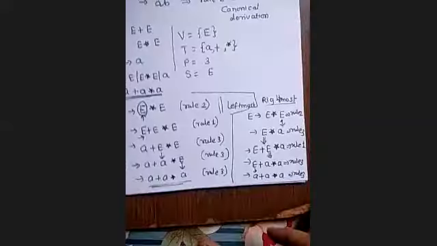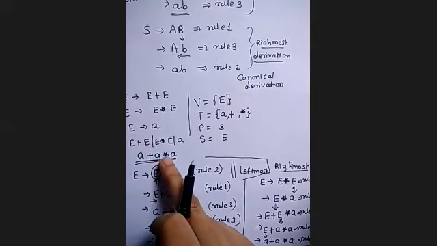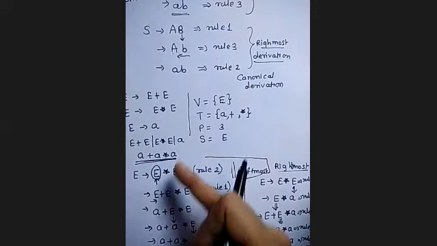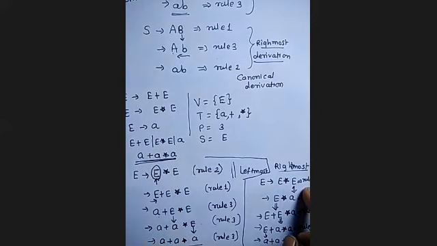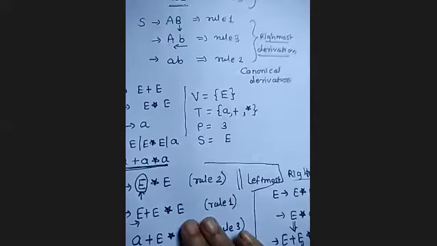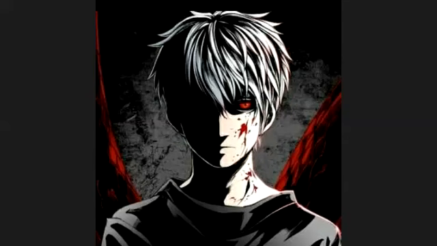Can you derive this same string if you start with E gives E plus E instead of E gives E star E? All of you try that and tell me why this is happening.